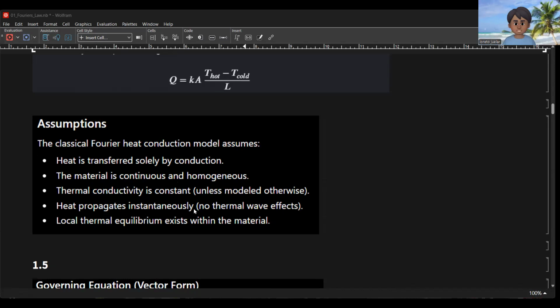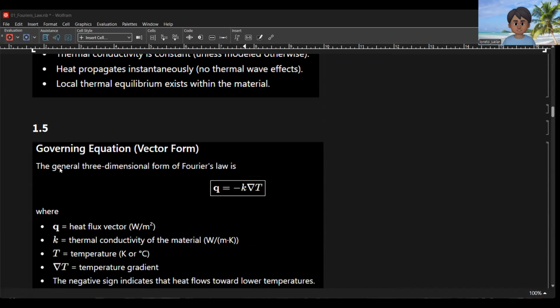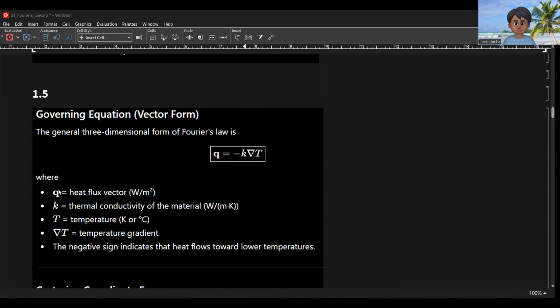Heat propagates instantaneously, with no thermal wave effects. Local thermal equilibrium exists within the material. We have the governing equation in vector form. The general three-dimensional form of Fourier's law is q equals negative k del T. The small letter q is the heat flux vector, in watts per meter squared.